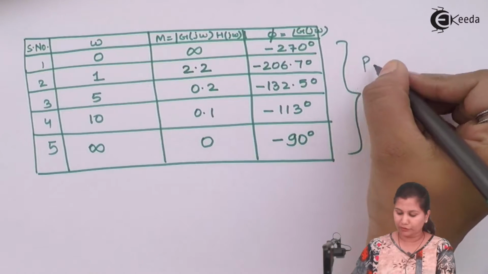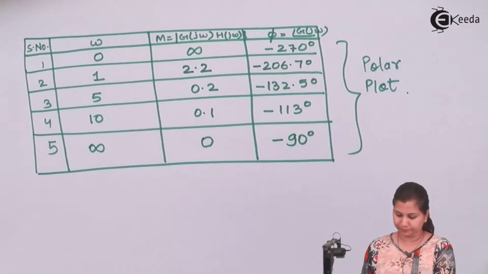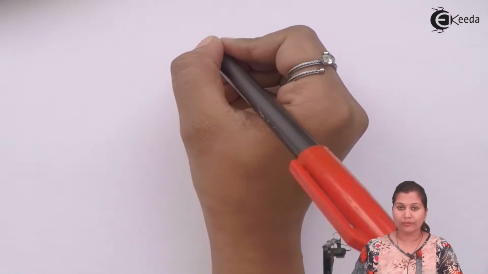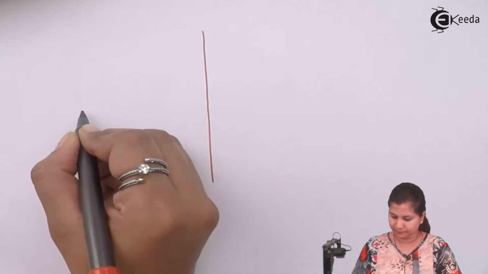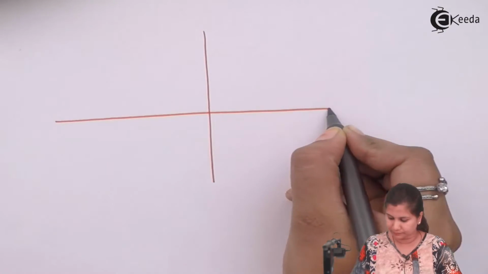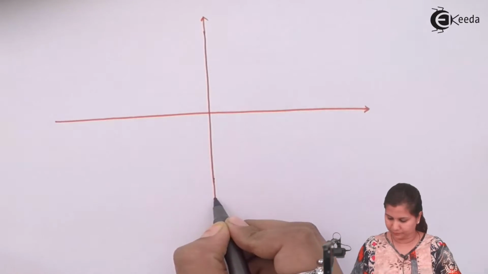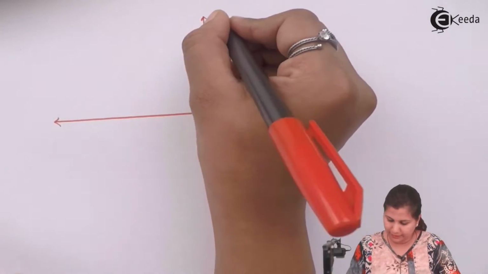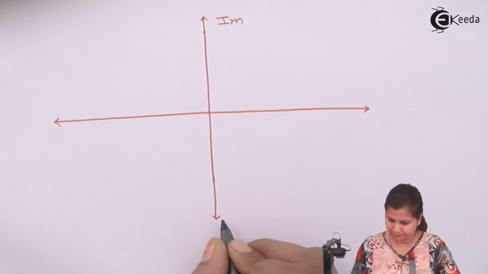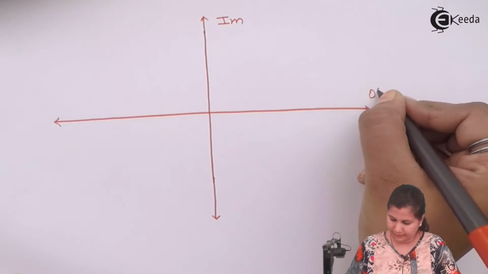Okay, so first we will draw the polar plot using this table. Okay, so let's draw it. So now we will use that table to draw the polar plot. So here we will have, this is our imaginary axis, this is the real axis, this is 0 degrees.